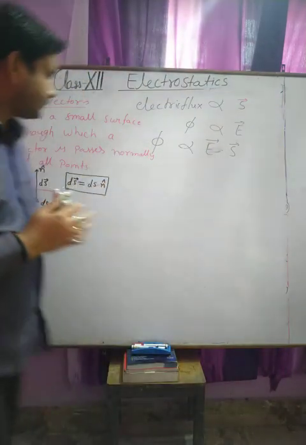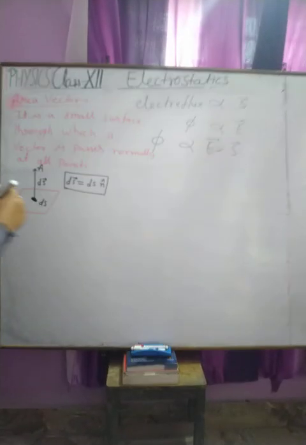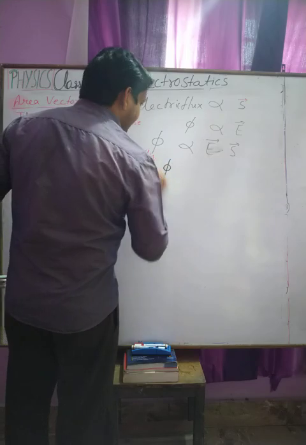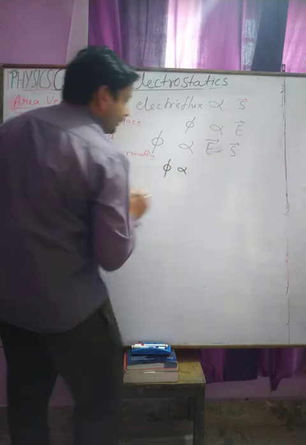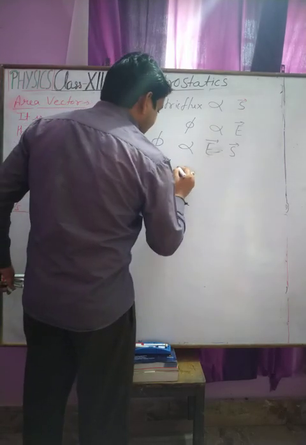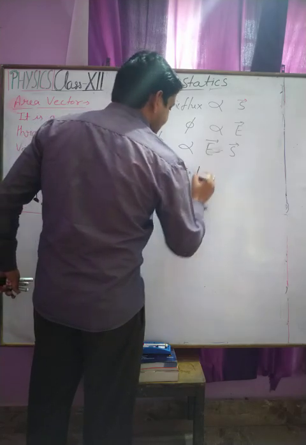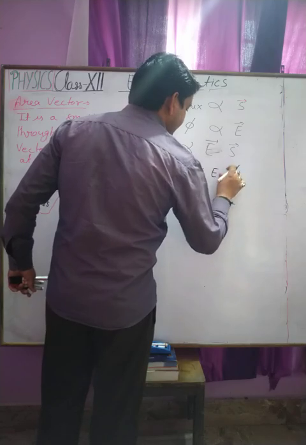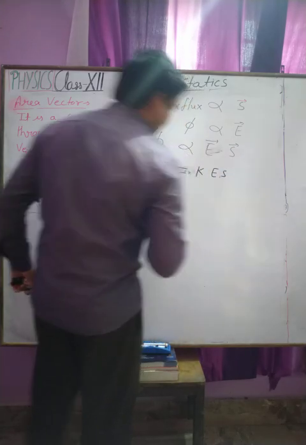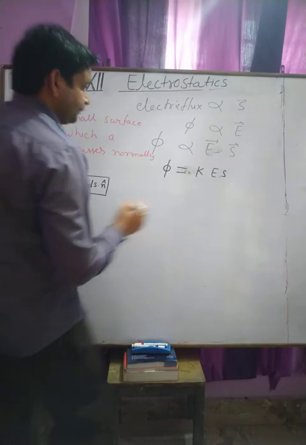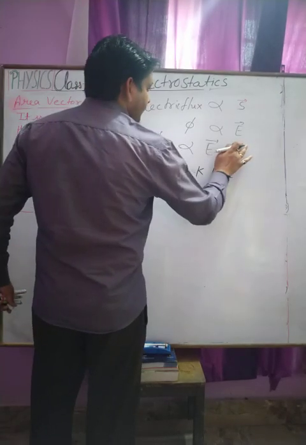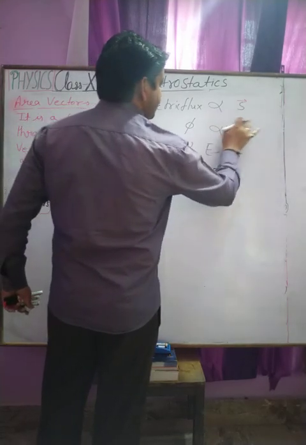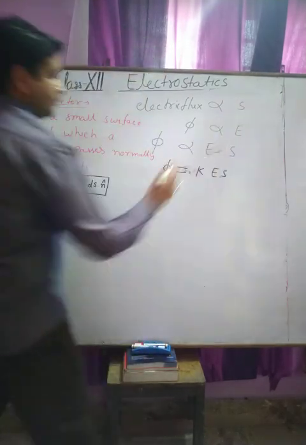Okay student, now when we remove the proportionality sign, we get flux is equal to E dot ds. First we eliminate the vector sign here.